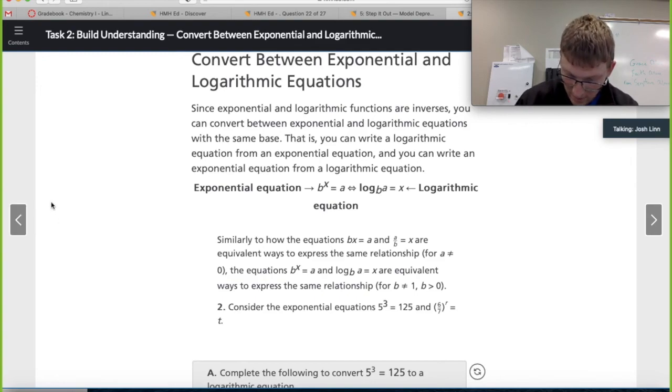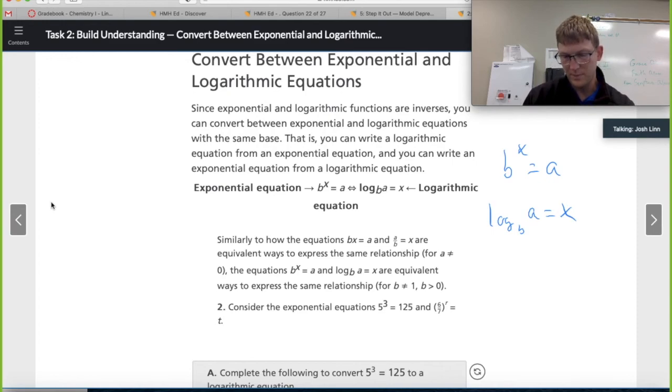So basically, we have our exponential function b to the x equals a. We can use all of that and return the x value. So that would look like log base b of a equals x.